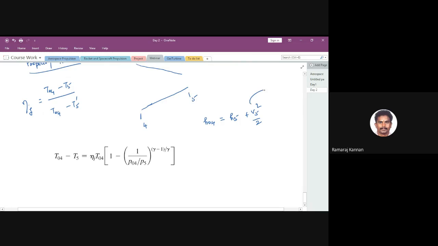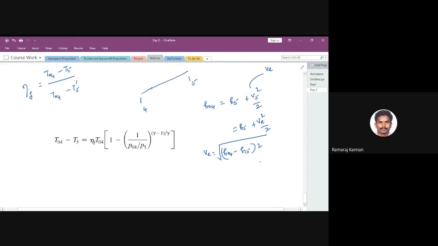V5 is nothing but your VE. So the exit velocity V is equal to the square root of 2 times (H04 minus H5), which we can rewrite as the square root of 2 Cp (T04 minus T5).